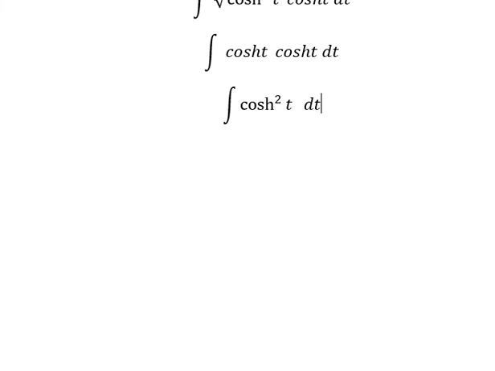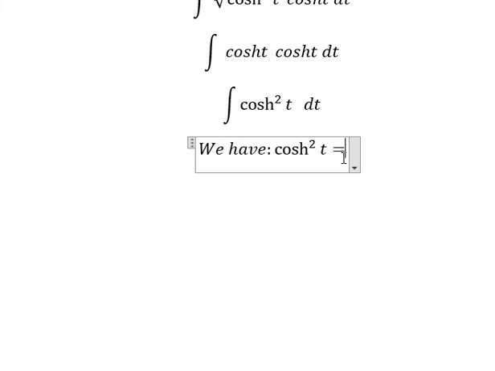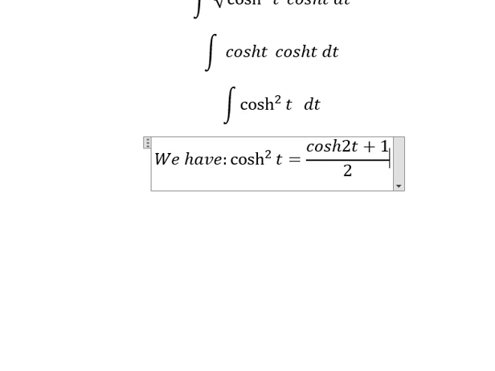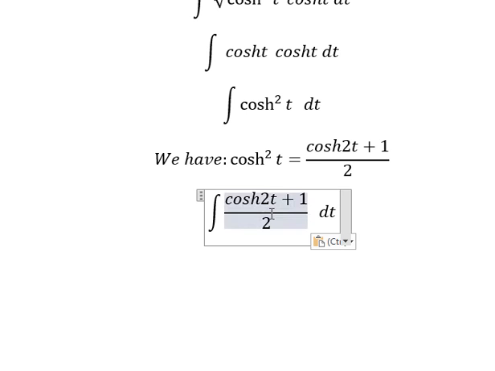Now we have the formula in here. So we change this one into cos 2t plus 1 over 2. Now I will put this one in here.